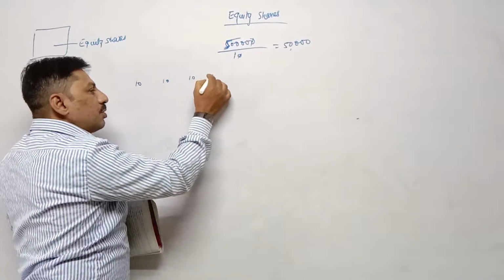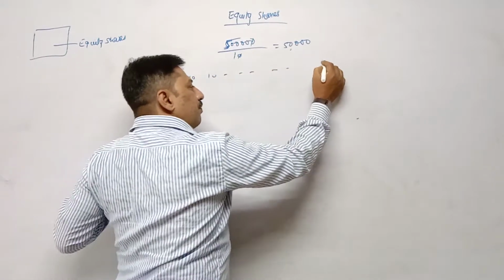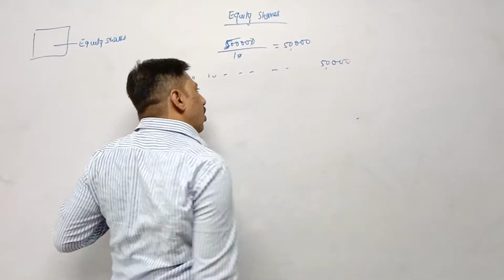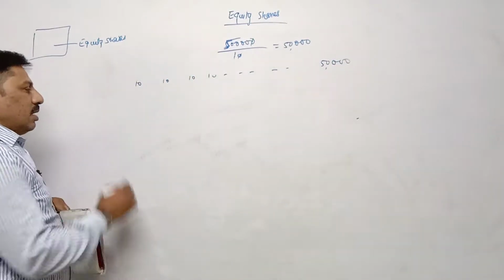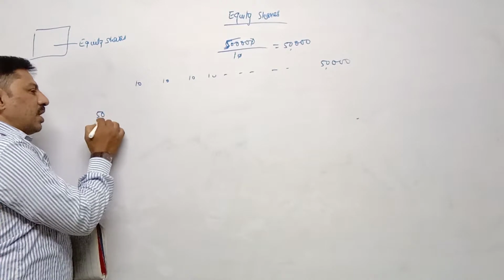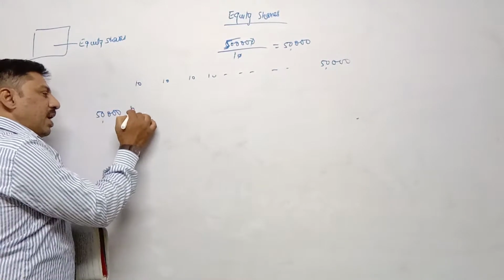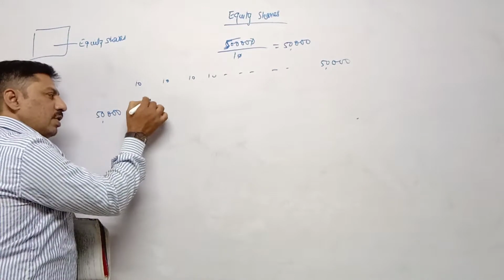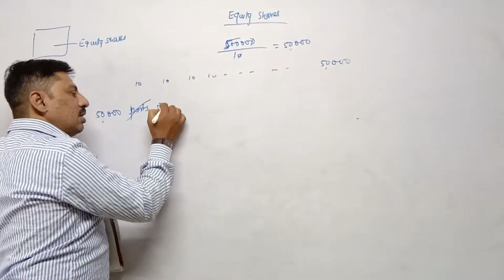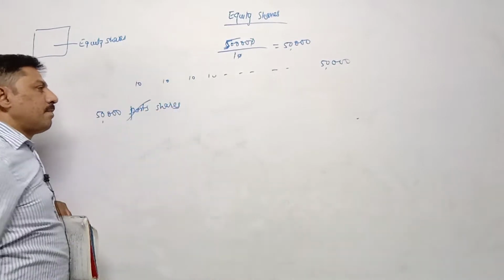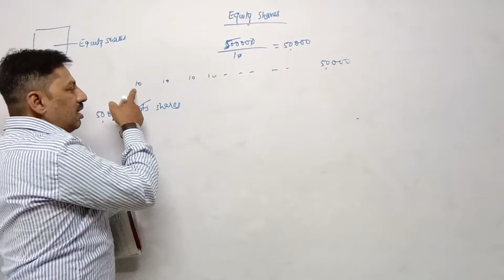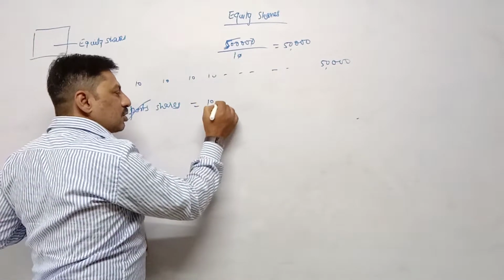In this way they have made 50,000 parts of 5 lakh rupees. These 50,000 parts mean shares. So instead of parts we are writing shares. Total there are 50,000 shares, and each share, each part, is of 10 rupees. This is called face value.